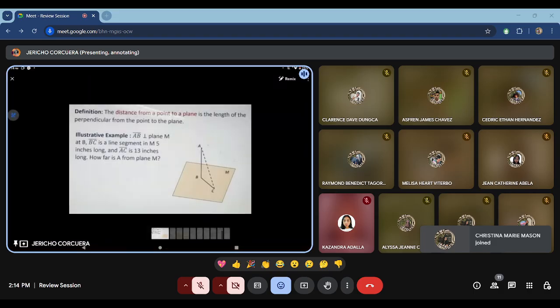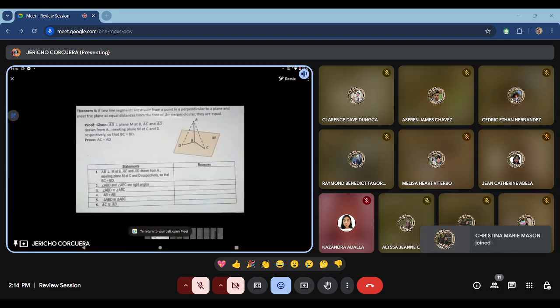So let's continue. And we also have another theorem here: if two line segments are drawn from a point perpendicular to a plane and meet the plane at equal distances from the foot of the perpendicular, they are equal.